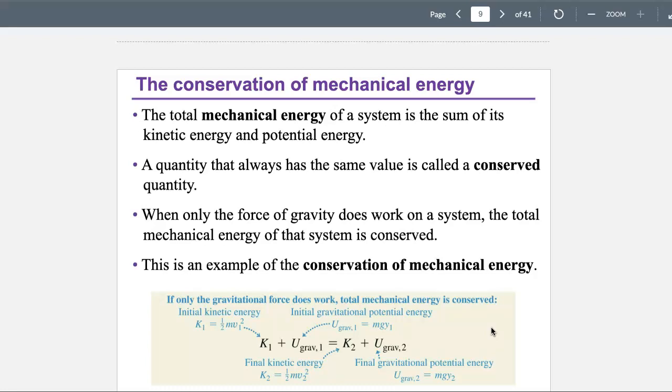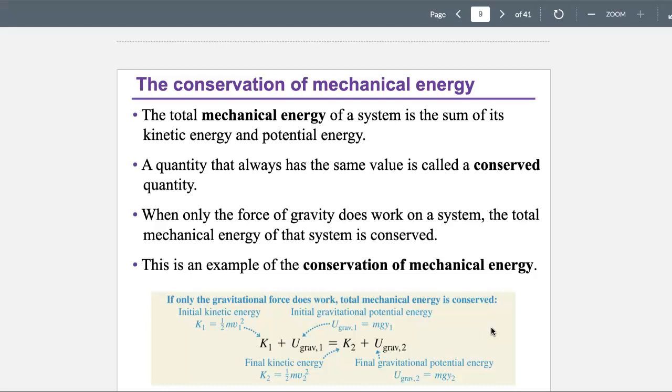Now, the conservation of mechanical energy. Here we are going to include just the gravitational potential and the kinetic energy. For the first stage, we are doing this gradually. We call the total mechanical energy kinetic plus UG, or kinetic energy plus potential energy.